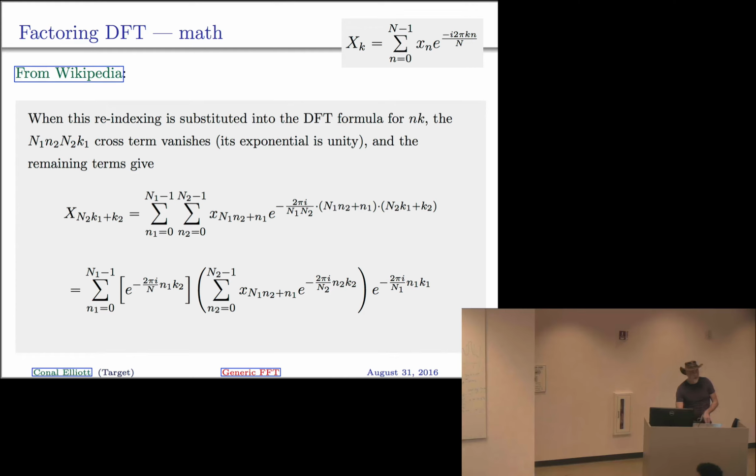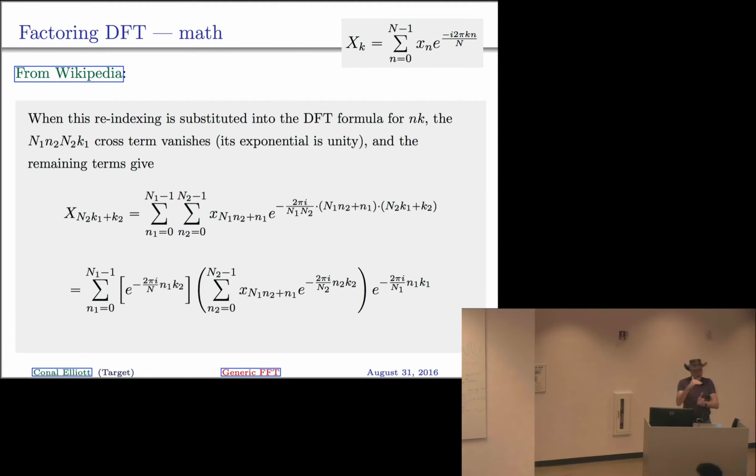This n1 n2 is going to divide into this, so this is going to be e to the minus 2 pi i times something or other. That's going to be 1. That's the point: it's an nth root of unity, so you raise this nth root of unity to the power of n, you get unity, 1.